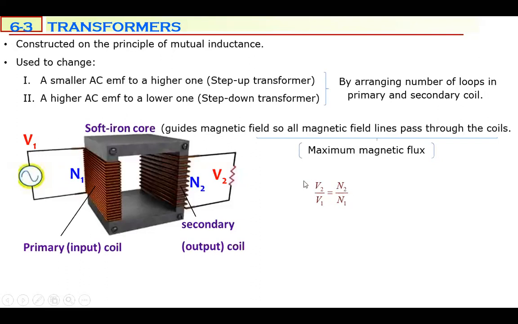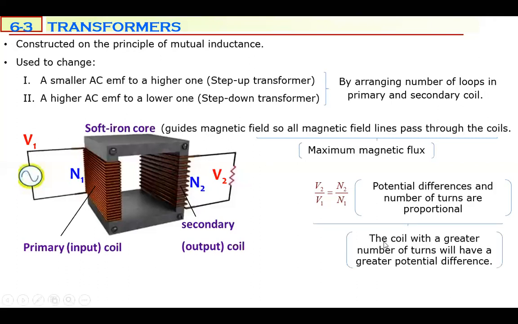That is, if the number of turns on the secondary is greater, the potential difference of the secondary will be greater. If the number of turns in the primary is smaller, the potential difference in the primary will be smaller. So potential difference and number of turns are directly proportional. Don't forget this. Potential difference and the coil, primary or secondary, are directly proportional to the number of turns.